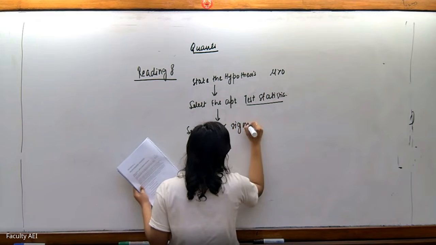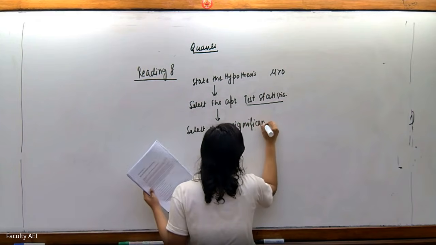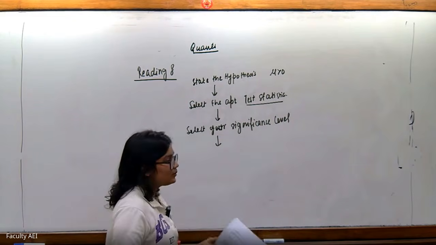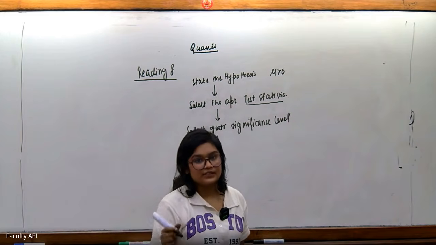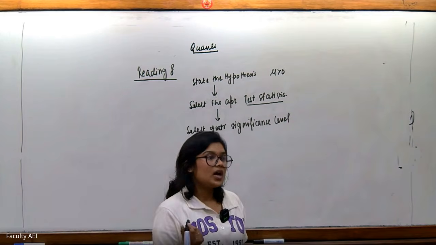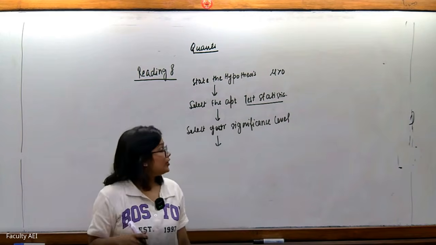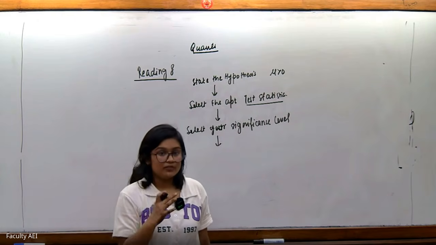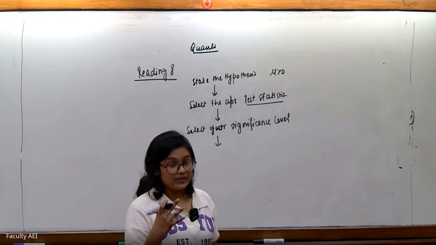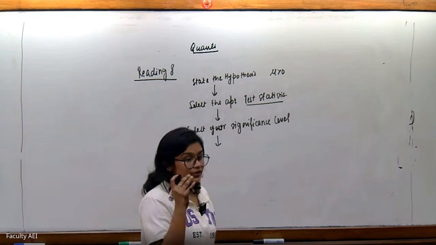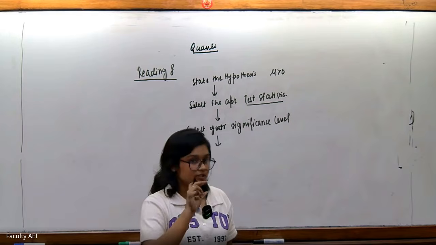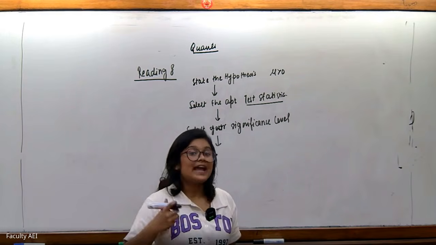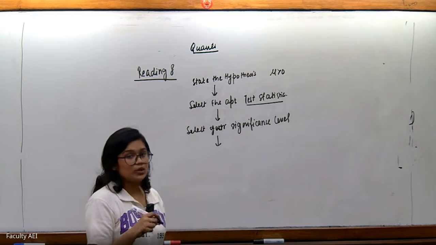Then you select your significance level, that is, whether you want your testing to be done at the 1% level, 5% level, or 10% level. If you want your testing done at the 1% level, that means you want to be 99% sure that your results are true. If you do it at the 5% level, that is a 95% confidence level, you want to be 95% sure that whatever research you are doing is true.